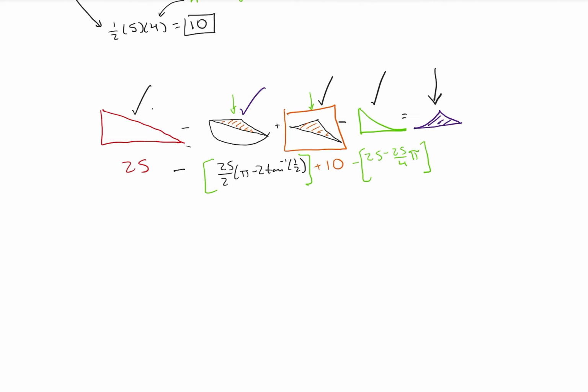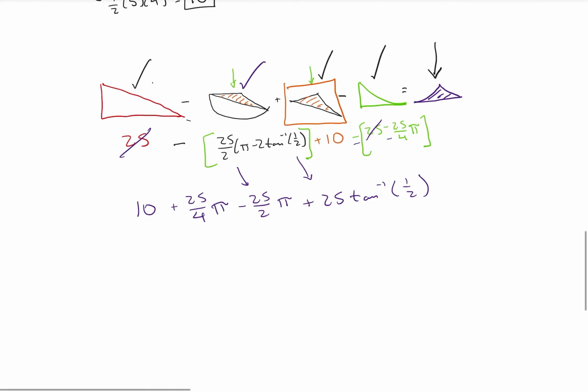Let's come in here. Let's look at this a little closer. Okay, so 25 minus 25, so those guys are going to go away. So I'm going to be left with 10 minus minus, so plus 25 over 4 pi. Then here, I'm going to get minus 25 over 2 pi. And then I'm going to have plus 25 arctan of 1/2.